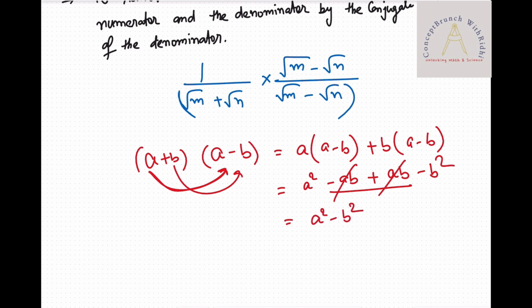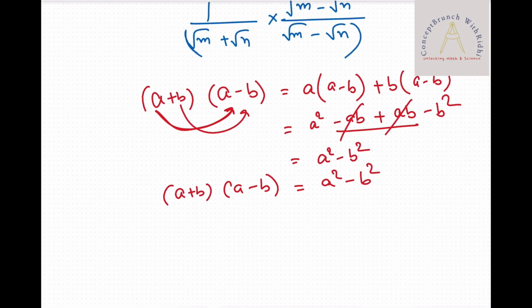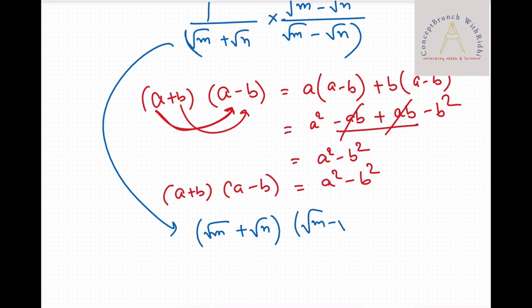So finally, we can see a pattern here. When we have a plus b and a minus b, we get a square minus b square. Similarly, let's compare with our question. Over here, we can see there is a pattern of root m plus root n and root m minus root n, right? It's the same thing. Now let's compare these two.